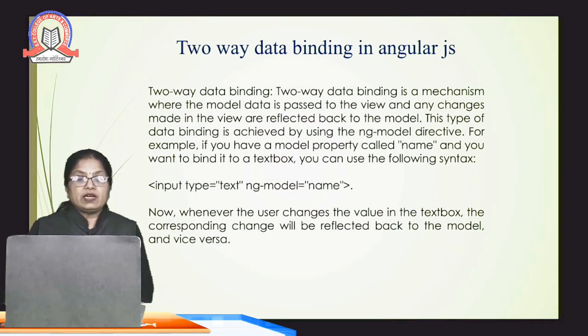For example, if we have a model property called name and we want to bind it to a text box, we can use the following syntax: input type equal to "text" and then ng-model equal to name. Now whenever the user changes the value in the text box, the corresponding change will be reflected back to the model and vice versa.